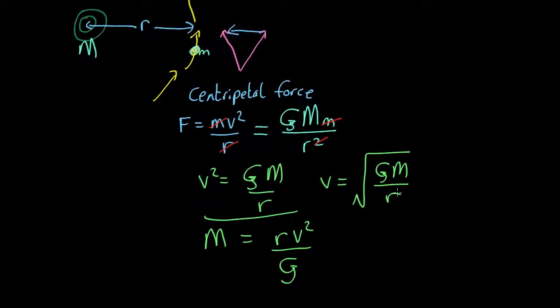So what that indicates is, if there's a mass somewhere and things are moving in circles, the bigger the mass, the faster it goes. But also, as the r gets larger, the velocity should go down.